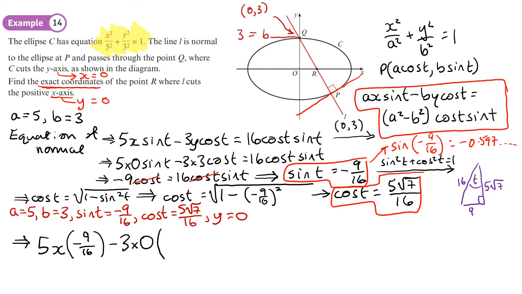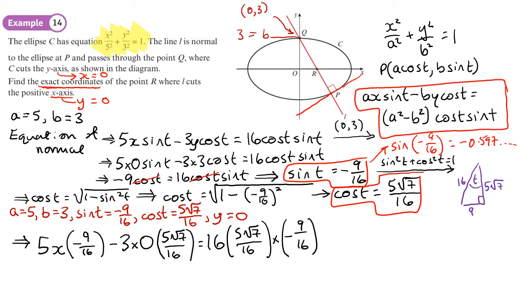So cos t is 5 root 7 over 16, so that's all 0 anyway, equals a squared minus b squared. Now a squared minus b squared is just 25 minus 9, that's going to be 16, so 16 cos t, which is 5 root 7 over 16, times sine t, which is negative 9 over 16.